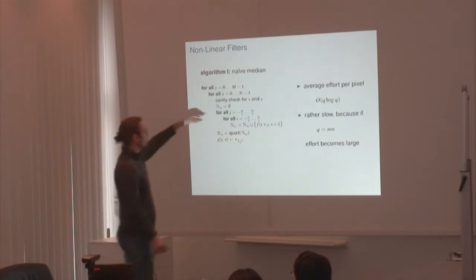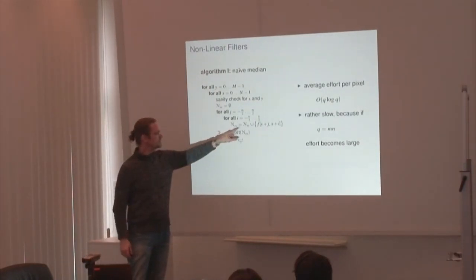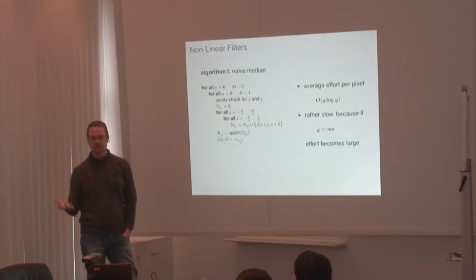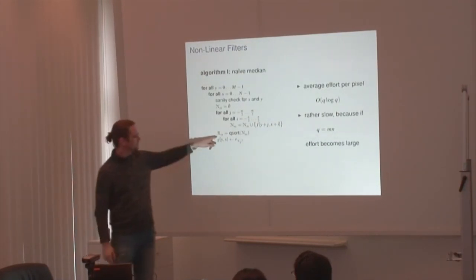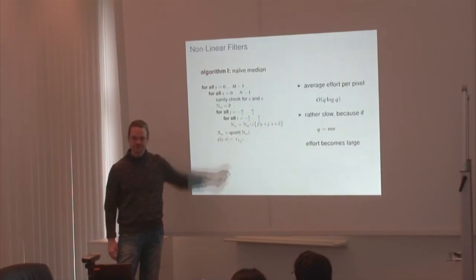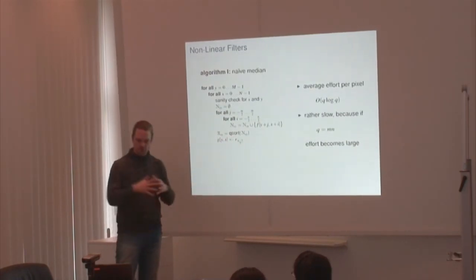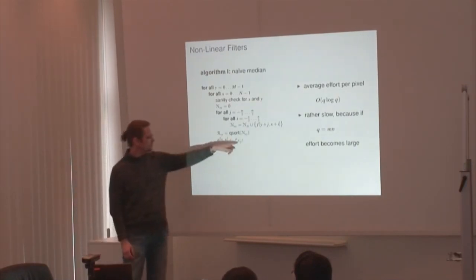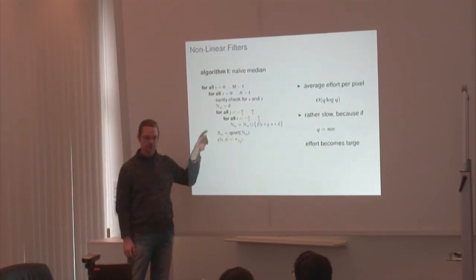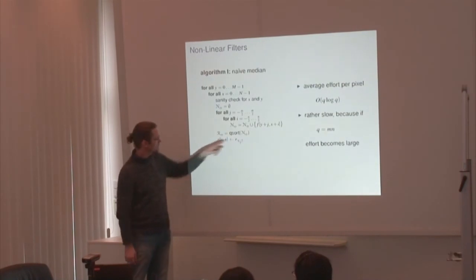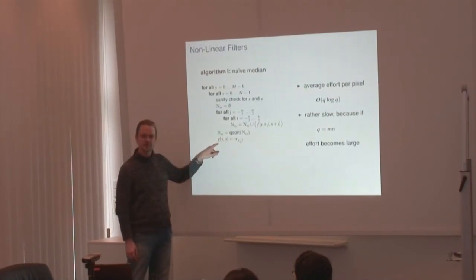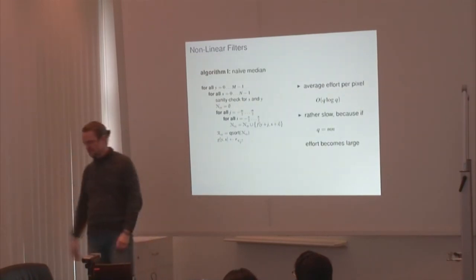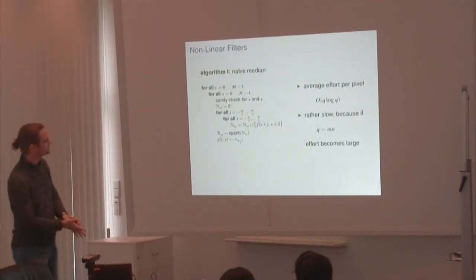Now, we iterate over all these pixels and increase this set by every pixel value we find in the neighborhood. And then we call quicksort to get this ordered version of this set, and then we determine the center pixel of this ordered set and set it as the new pixel value in the output image G. There you go. That is how you compute a median filter.